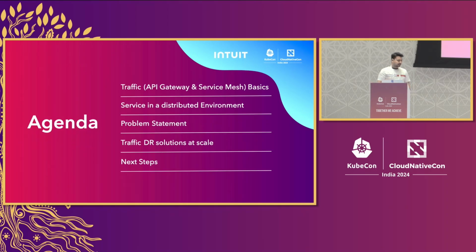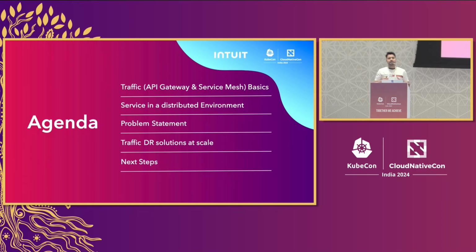I'll talk about the agenda now. In the previous session we talked about what API gateway and mesh are. Again, for the interest of the other audience, we'll quickly touch upon what API gateway and service mesh are, and from there we'll talk about how services are distributed and work in a distributed environment.